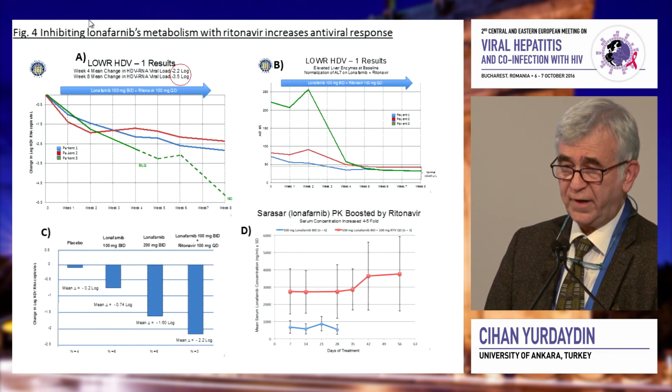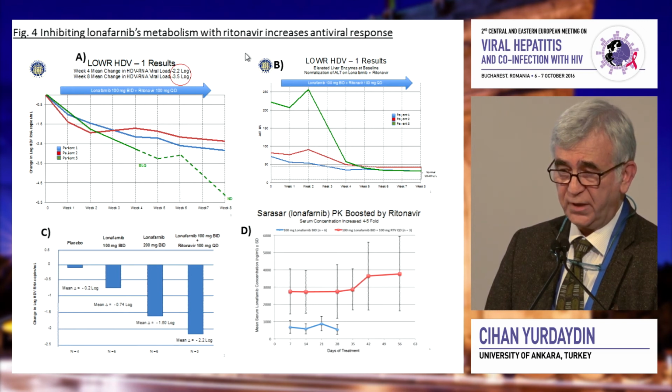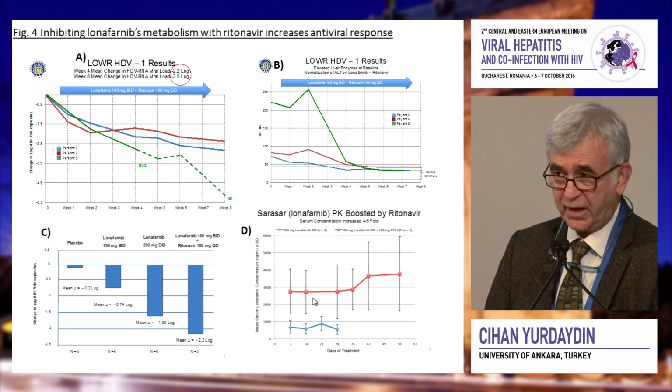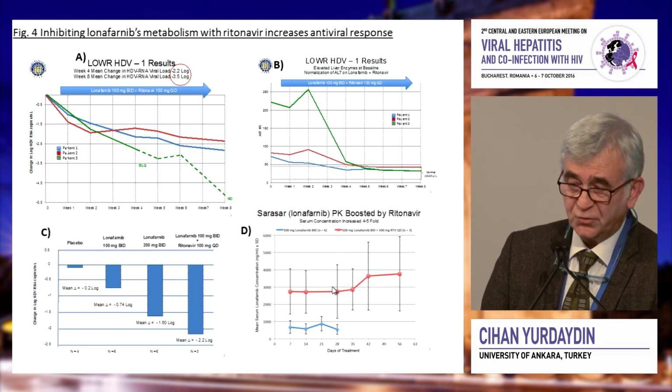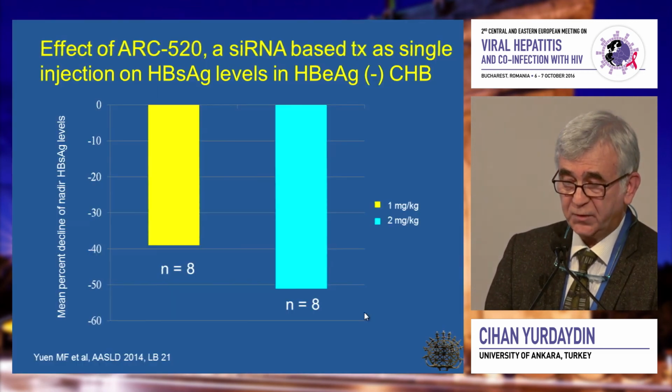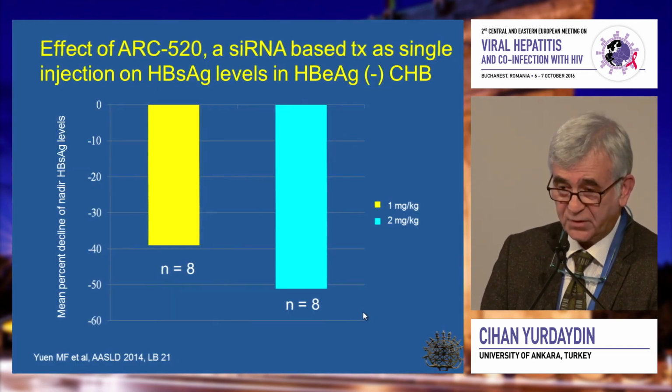In terms of the lonafarnib ritonavir combination, this is 100 milligram lonafarnib concentration, and by boosting 100 milligram, you increase the lonafarnib serum concentrations by up to 5 times, without losing tolerability. Therefore, lonafarnib ritonavir boosting may be the right way to go, and we have to find the best combination.